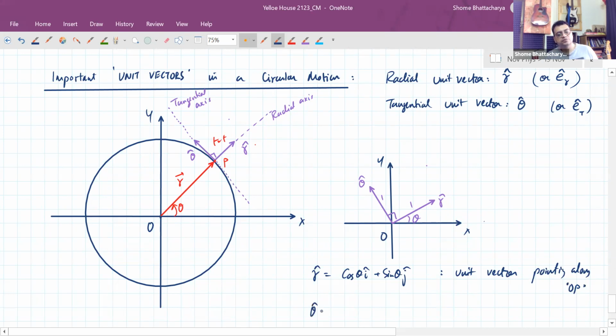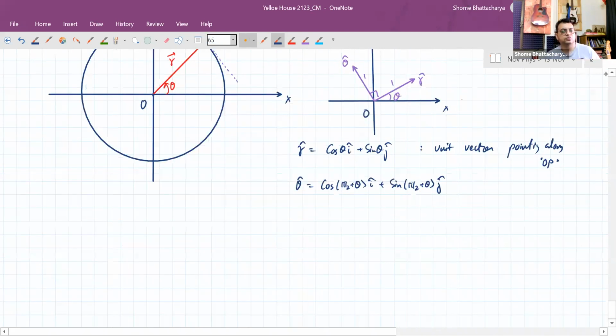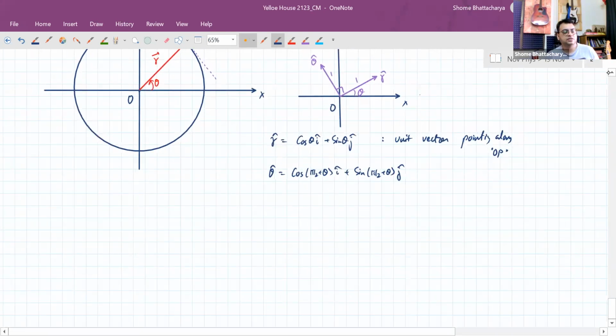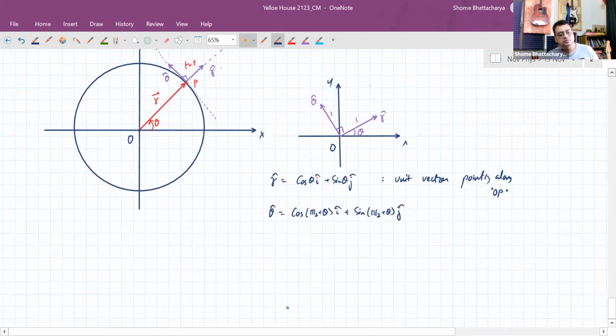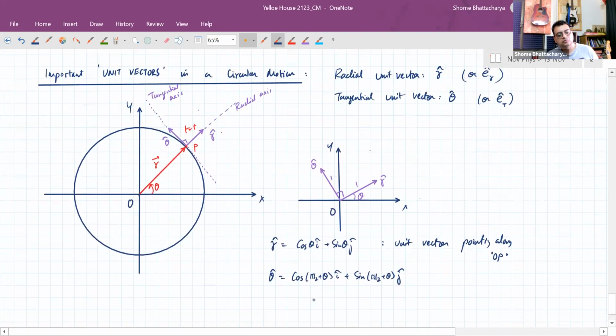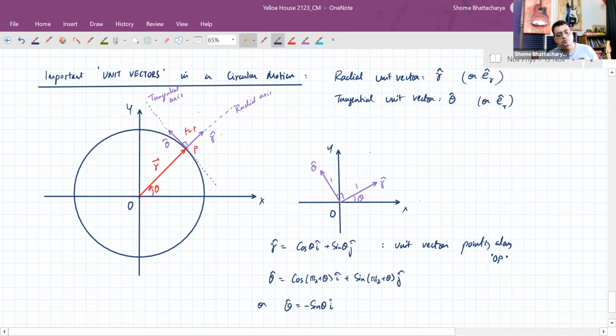Whereas theta cap, you will see, will become cos of pi by 2 plus theta i cap plus sine of pi by 2 plus theta j cap. So simplifying this using trigonometry, cos of 90 plus theta, you know, is minus sine theta. And sine of 90 plus theta is cos theta.